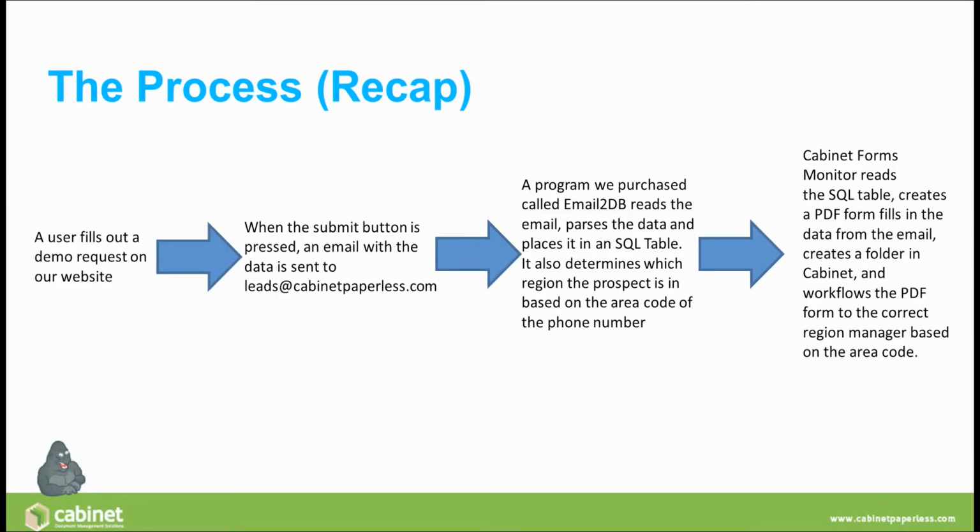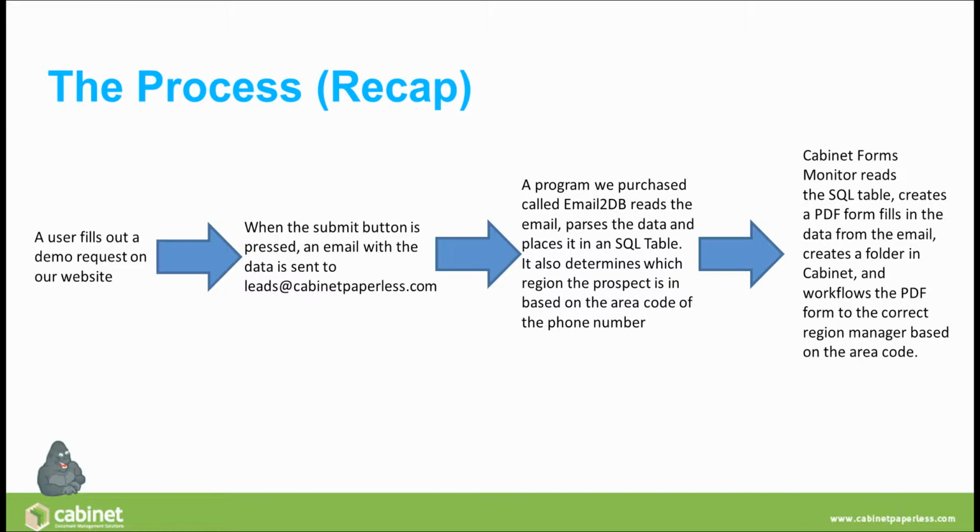So to recap the process, the user goes to our website, fills out a demonstration request form, hits the submit button. An email with the data from that form is sent to an email alias at Cabinet Paperless. And in this program that we purchased, a third-party program called Email to DB, it reads the email, parses the data, puts it in a SQL table.